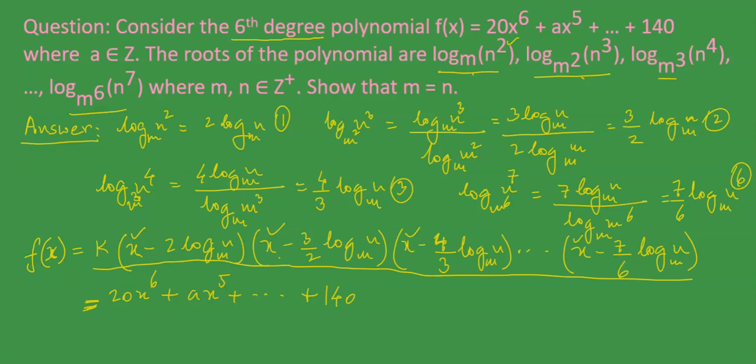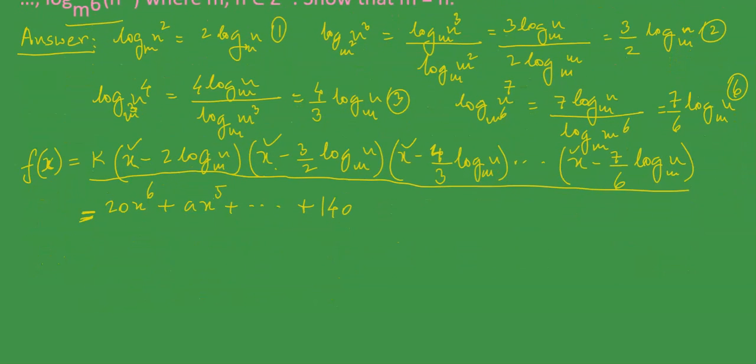If we equate the two terms containing x to the power of 6 from both sides of the equal to sign, on the left hand side it is k x to the power of 6, and on the right it is 20 x to the power of 6. So obviously k is equal to 20. We are getting the value of k to be equal to 20.